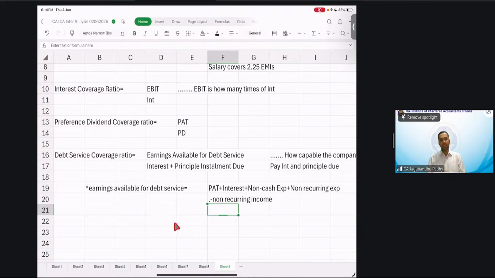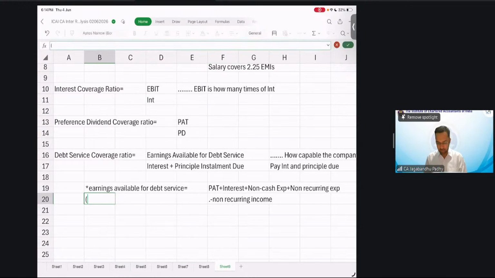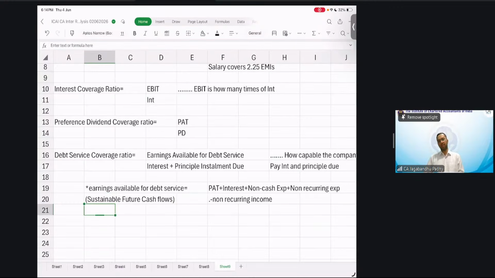So essentially this earnings for debt service, we can say is representing sustainable future cash flows.